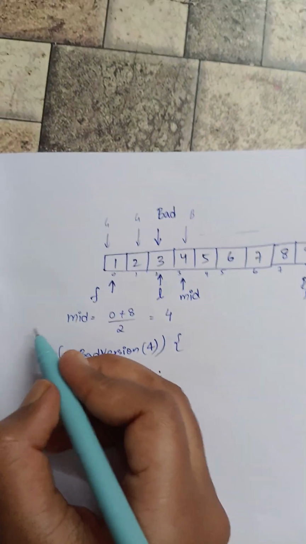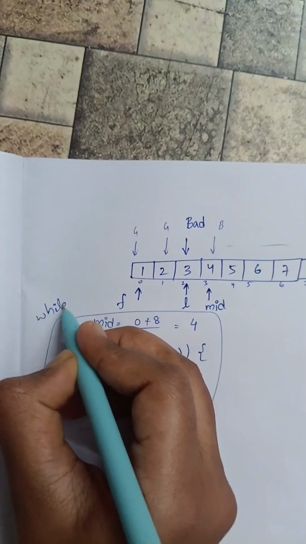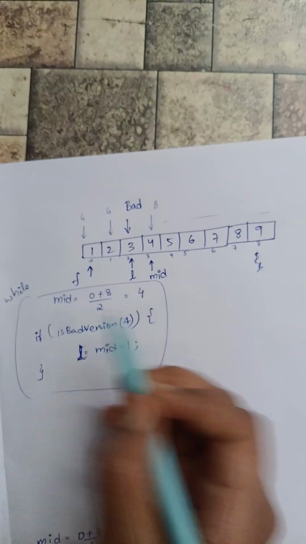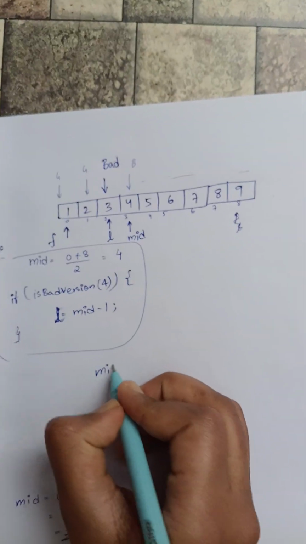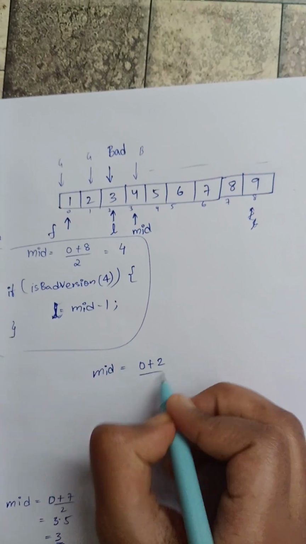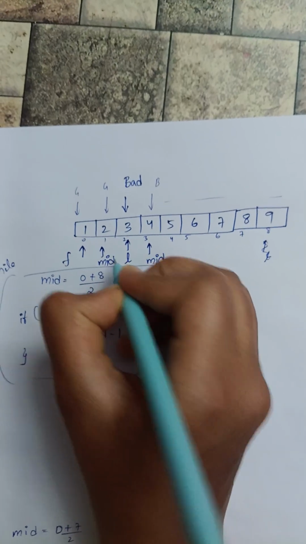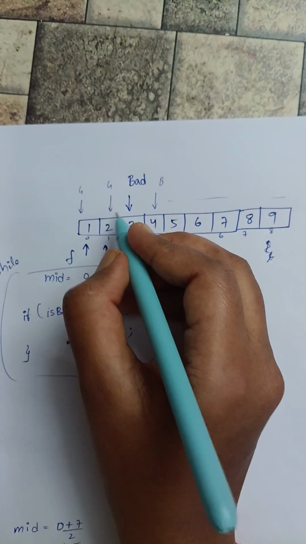Now this checking has happened once, so this while loop runs again, since f is less than or equal to L. Again we'll calculate the mid. Mid here means 0 plus 2 by 2, which is 1. So mid comes here. It will check whether it is a bad version or not.